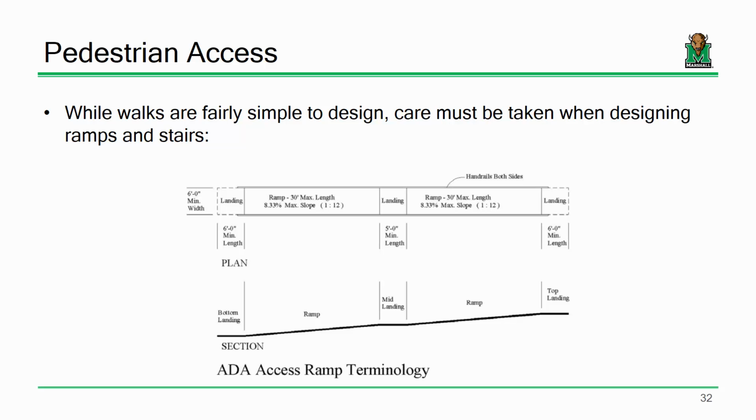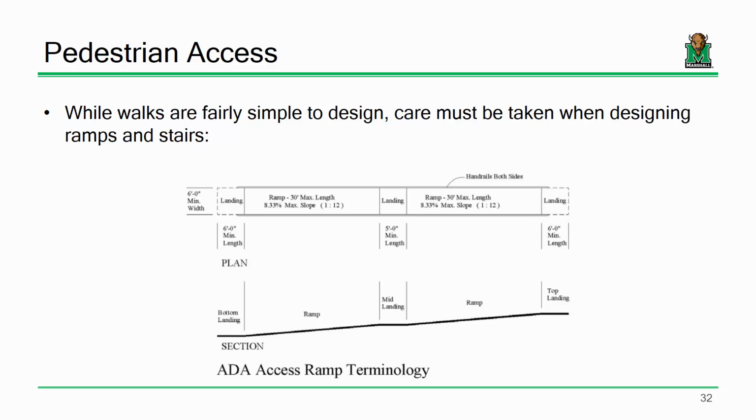First off, what is the slope on a handicap ramp? Anybody know that? According to ADA, usually it's 1 to 12.